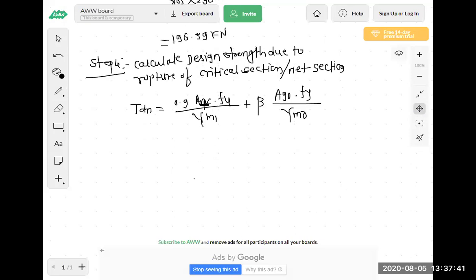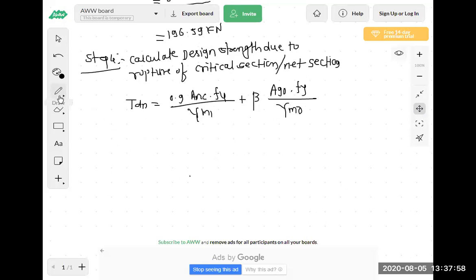Now ANC in AGO we have calculated in step number 2. Now here the unknown is only beta. Are you getting, everyone? ANC in AGO we have calculated in step number 2, net area. So here the unknown is only beta, and now the beta formula we will see.